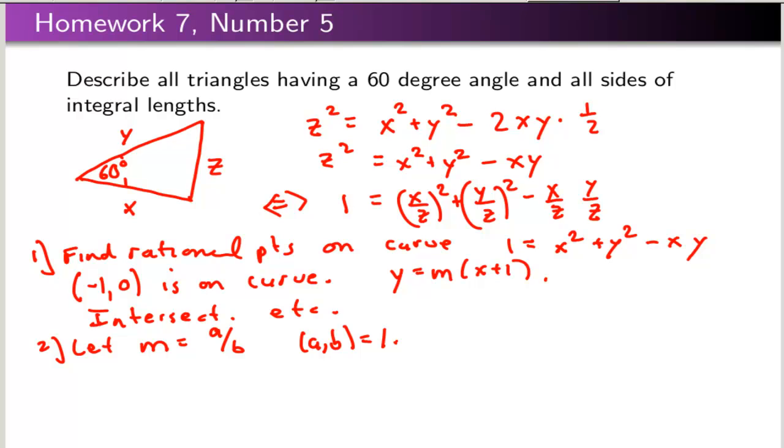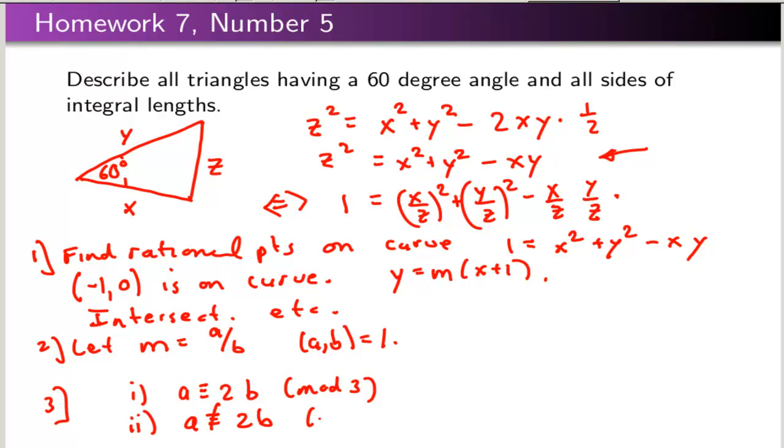Okay, and then after you get those rational points, we come back up here to find out what the integers x, y, and z are. And I think when I did this, there were two categories of points that you need to think about. One is where a is congruent to 2b mod 3, and a second type is when a is not congruent to 2b mod 3.